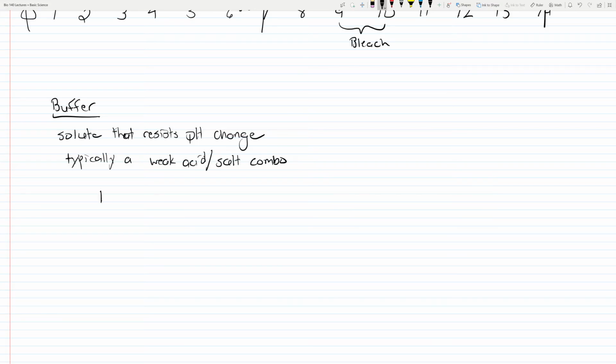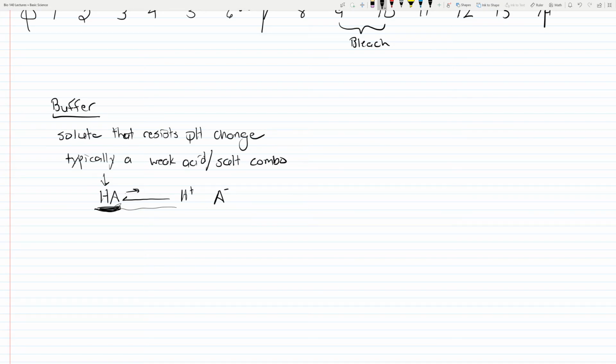So typically if you have this HA, we're going to call this a weak acid. What this means is that this acid exists in that state because the reaction is pushed toward that side. So this acid is not very active.